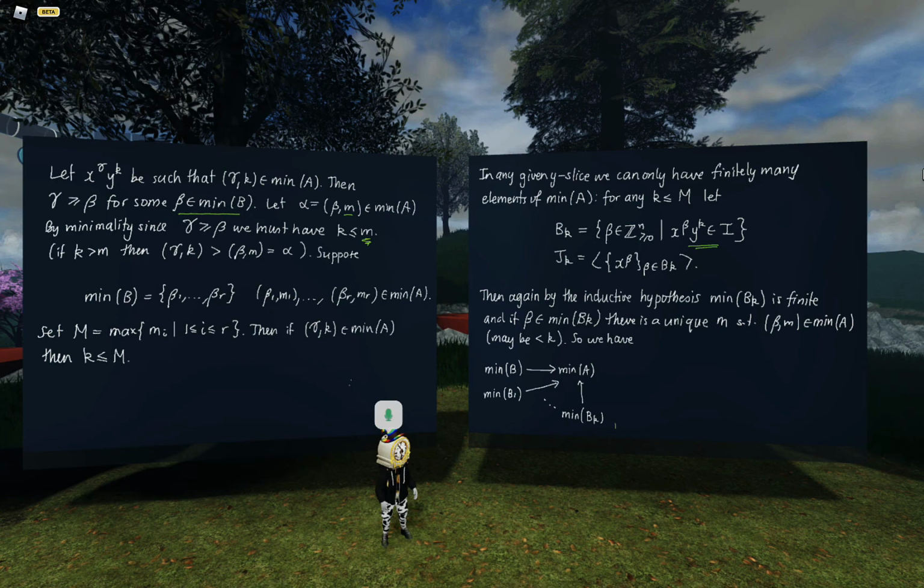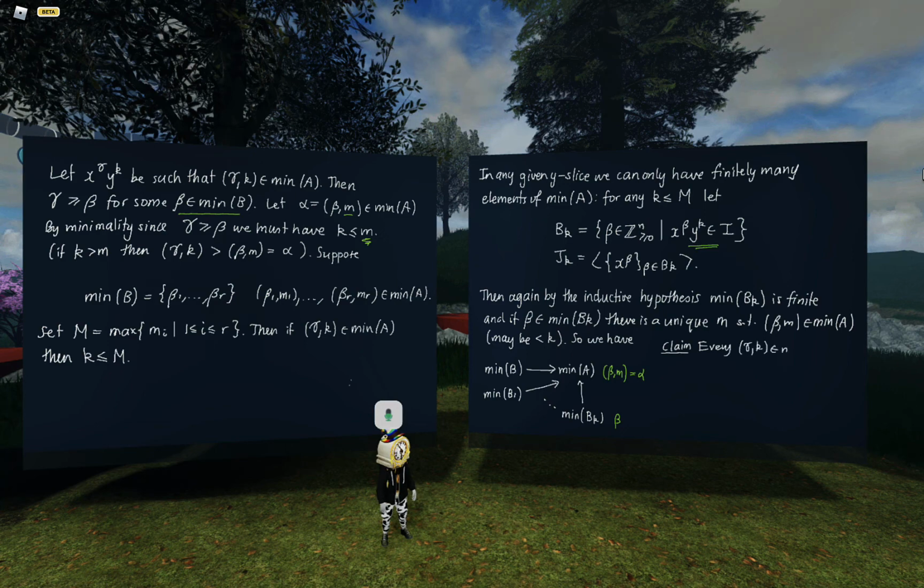So this is the map that sends beta, one of these corners, but for the things that live at height k, sends it to the associated tuple, associated corner above it. And the claim is that every gamma k in min A is in the image of one of these maps.